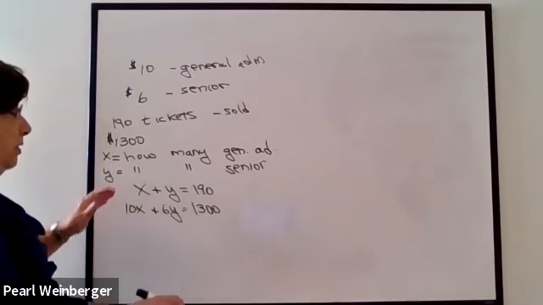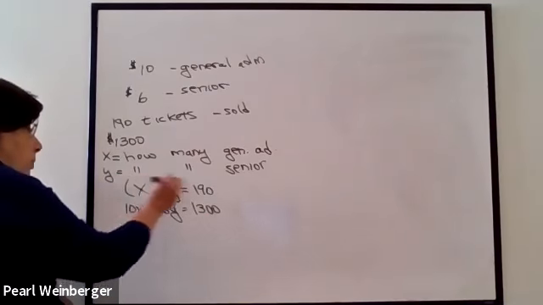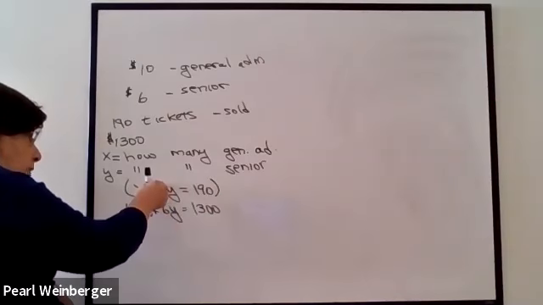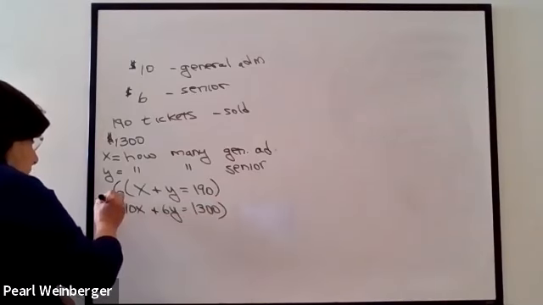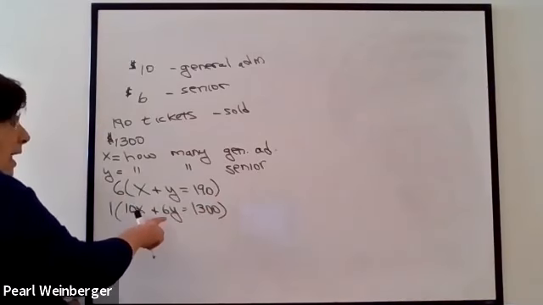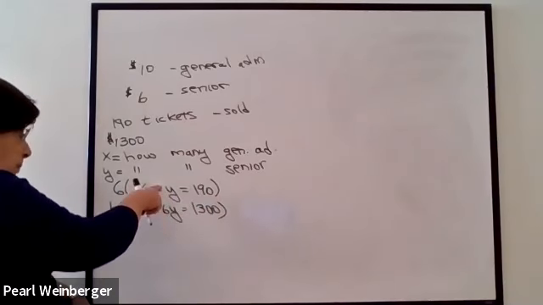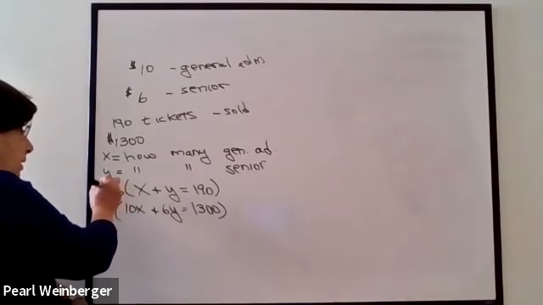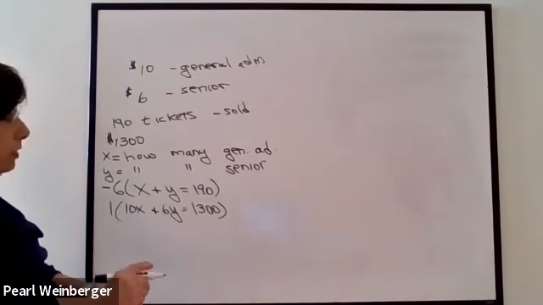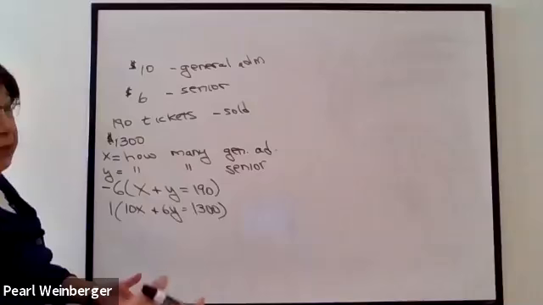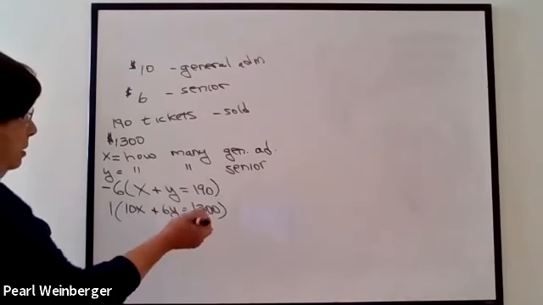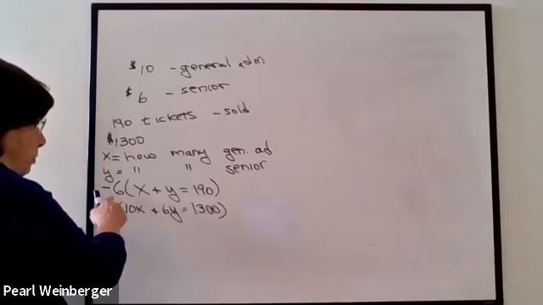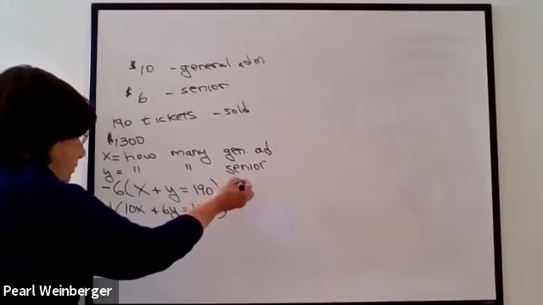And since it's Y that I want to eliminate, I'm going to multiply my top equation by 6 and my bottom equation by 1, and since they're both positive, I need to use a negative with one of them. I generally go with a negative on the first equation, but it could be the first or the second. So let's see what we get when we multiply the top equation by -6.